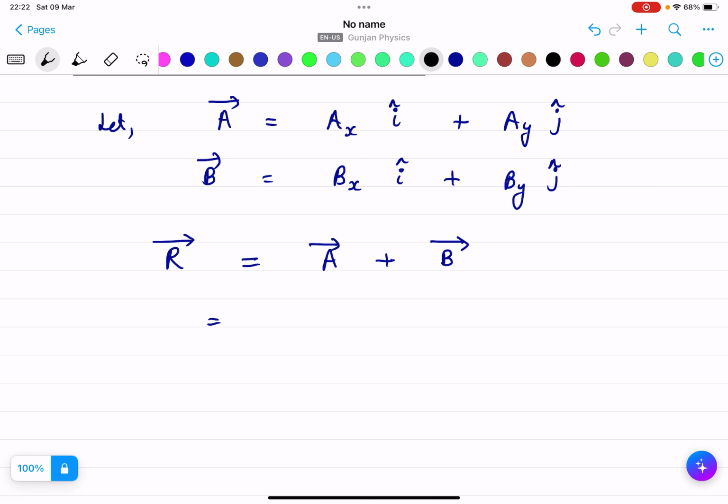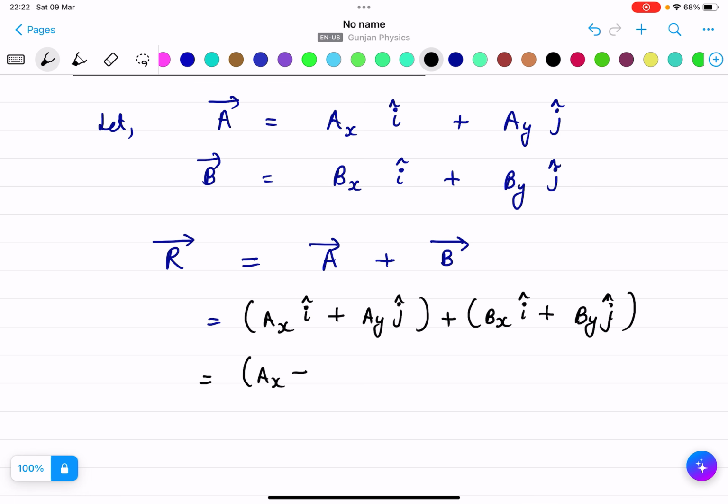I can write ax i unit vector plus ay j unit vector plus, now put the values of b vector here, bx i unit vector plus by j unit vector. Now take i common, so it will be (ax plus bx) i unit vector plus (ay plus by) j unit vector, right?